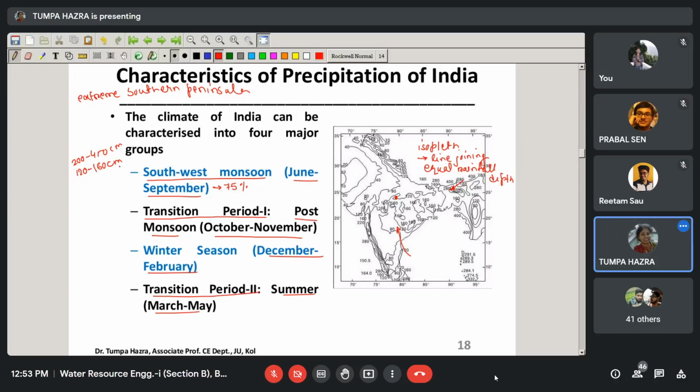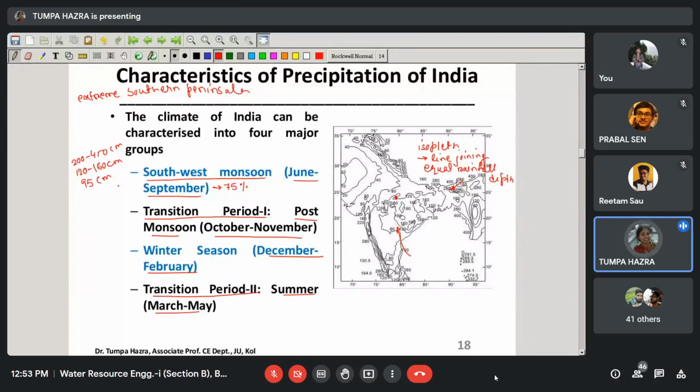Okay, but the average precipitation due to the southwest monsoon in India is around 95 centimeter.